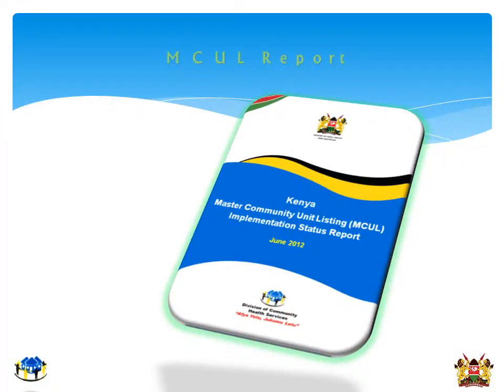Materials available to support the website use include the MCUL report, which outlines the methodology that was used to collect and compile the data, the challenges faced, as well as the findings, which could be useful in educating others who would like to implement a similar exercise at the community level.